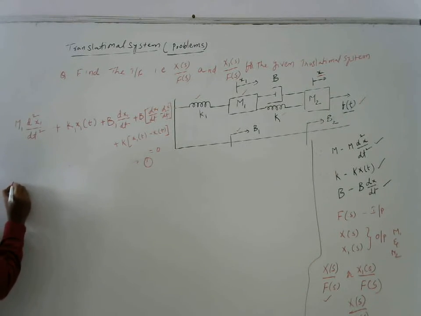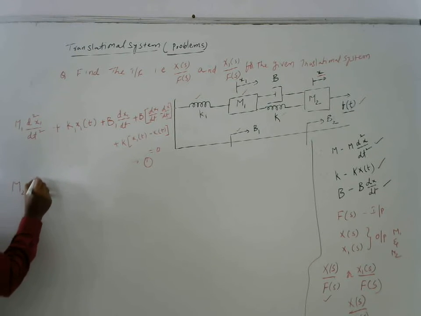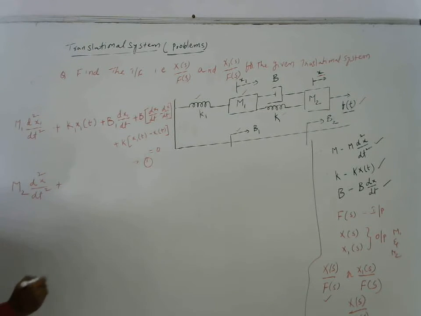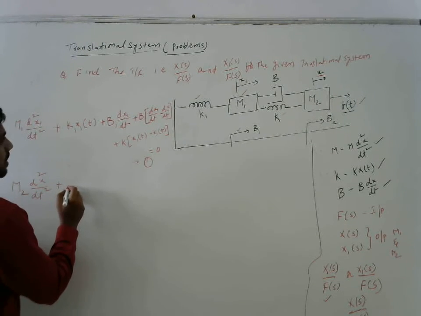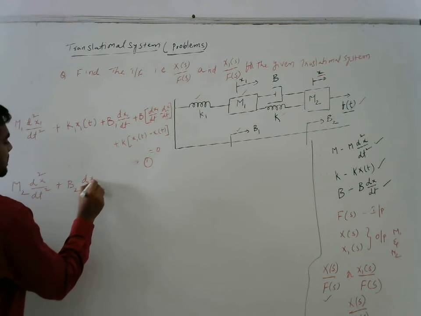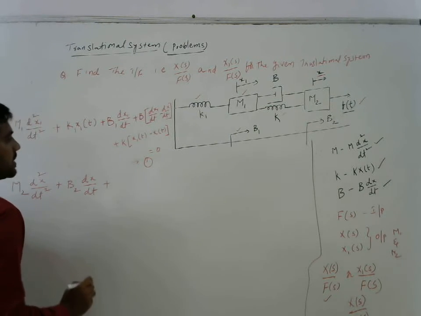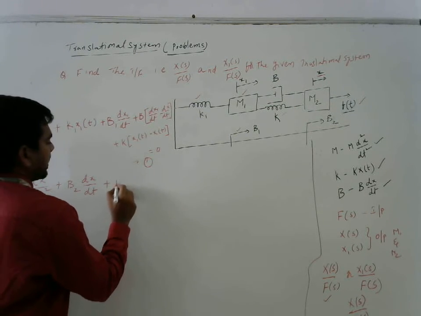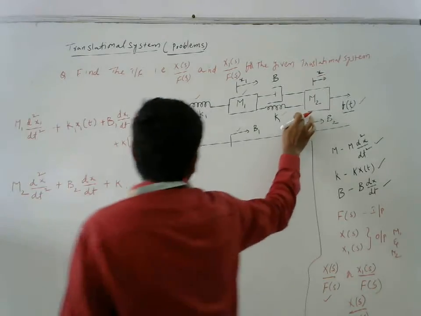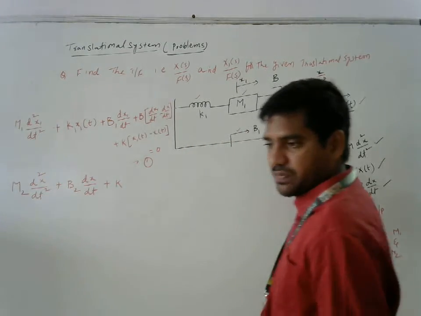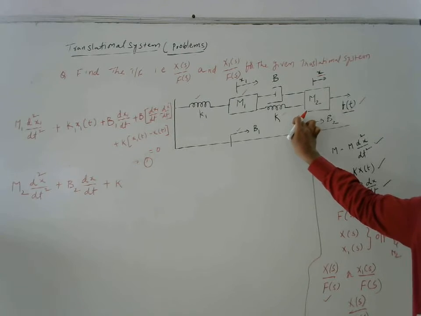M2 means m2 into d square x dt square, plus again what we are having, b2 into dx by dt, plus after that we are having a k into, now I am writing with respect to m2. With respect to m2, which displacement do we need to consider?